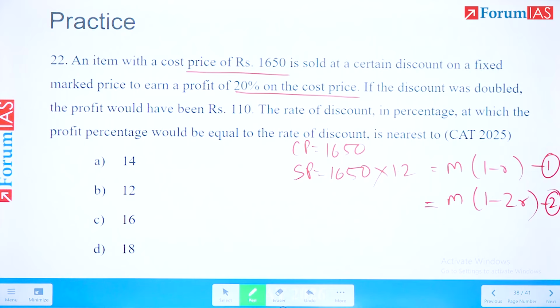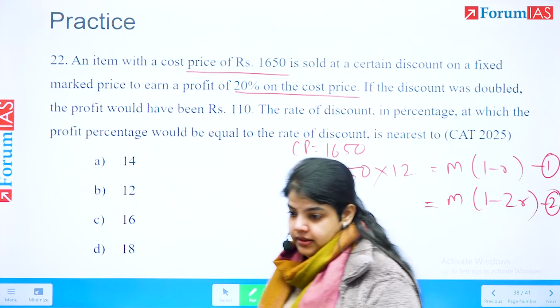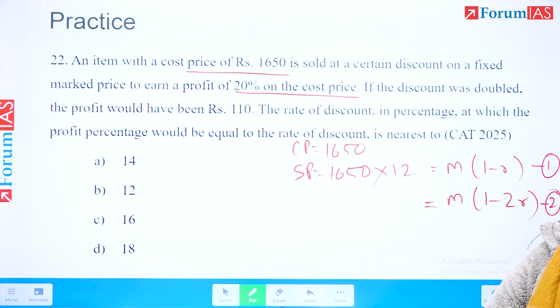Solve it. 20%. Correct, Dhananjay. 20% profit. You'll get two equations.